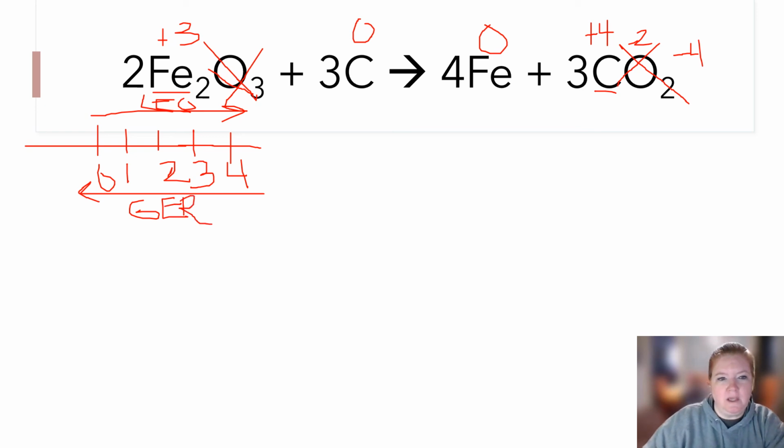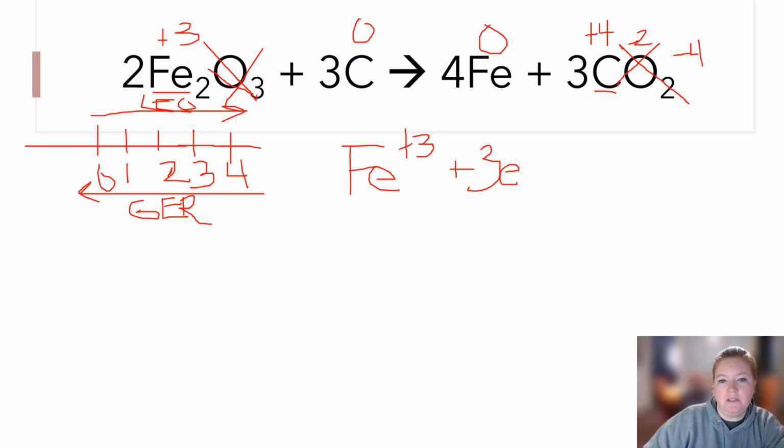All right, so let's look at iron. Okay, iron went Fe +3 to 0. So it went this way. So I gained electrons. So +3 electrons is Fe with no charge.